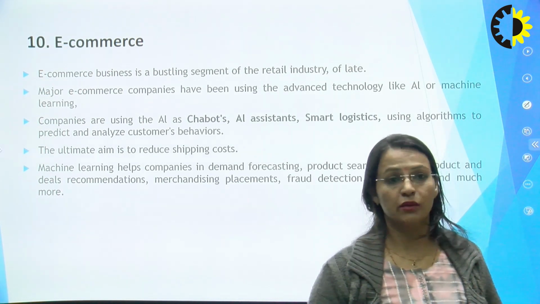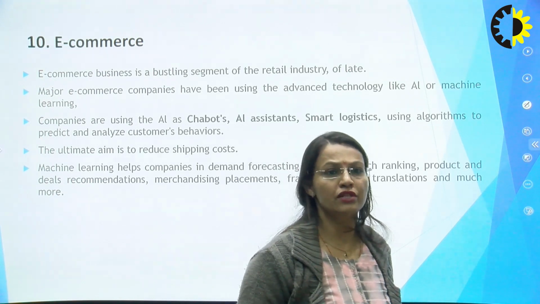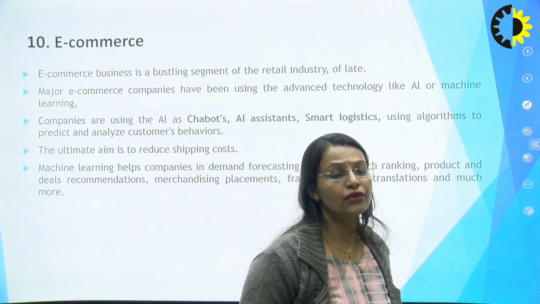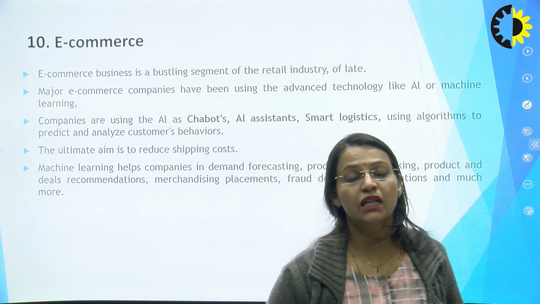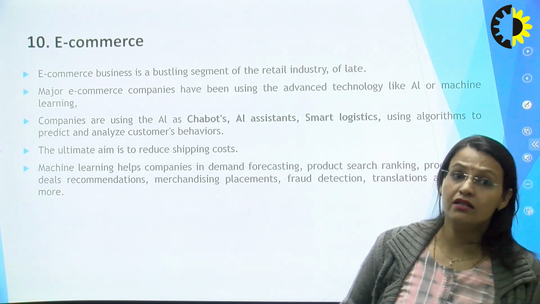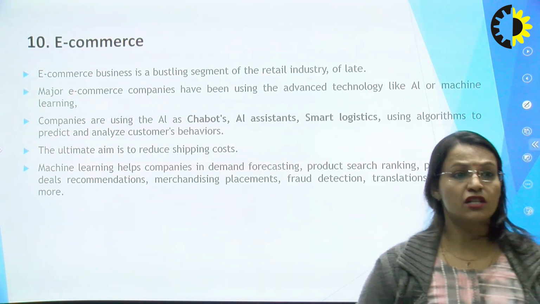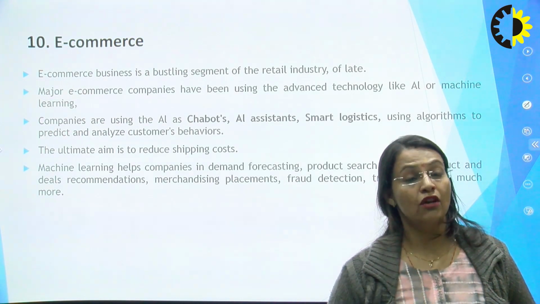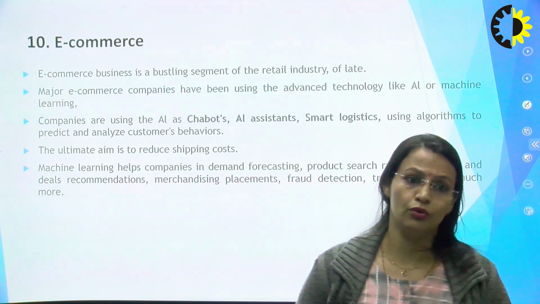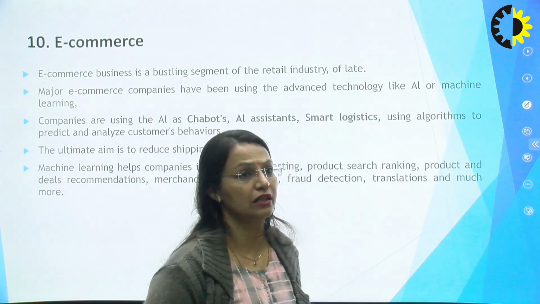Basically, a customer recommendation system is followed here. The ultimate aim is to reduce the shipping cost, and it also helps the company with demand forecasting, product search rankings, product and deal recommendations, merchandising placements, fraud detection, and much more. So these are the emerging applications that I'm covering here.